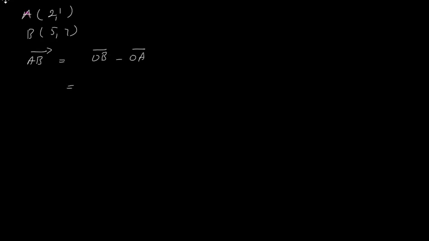OB bar means 5i plus 7j, minus OA, which is 2i minus j. So 5 minus 2 is 3i and 7 plus 1 is 8j.